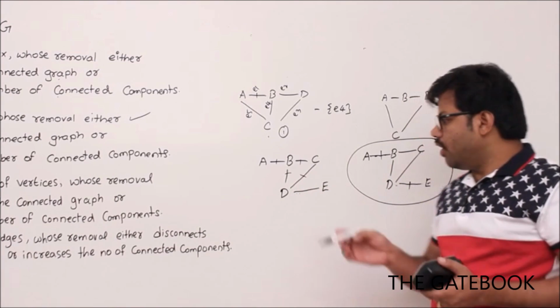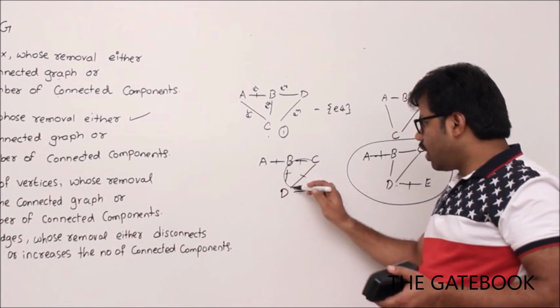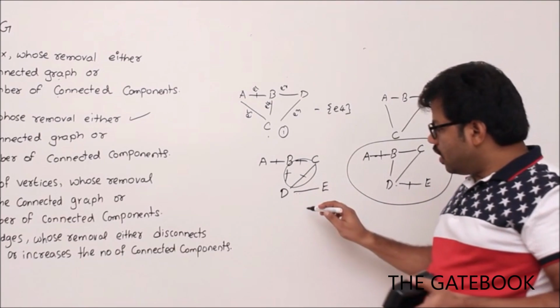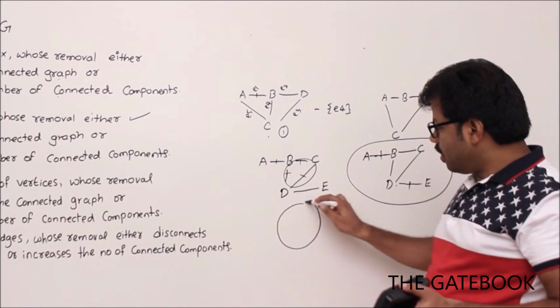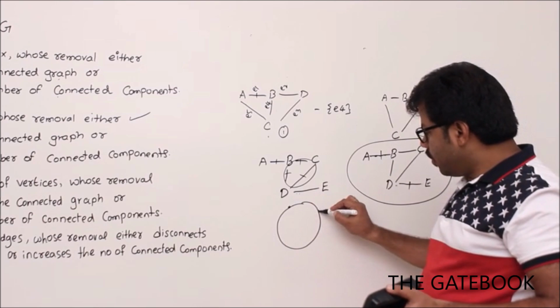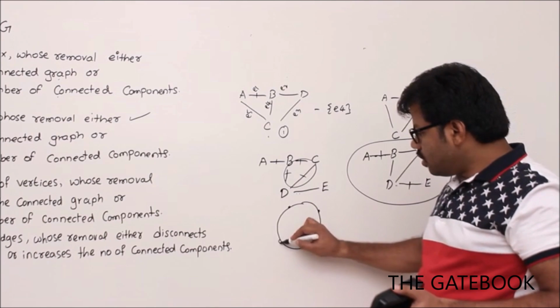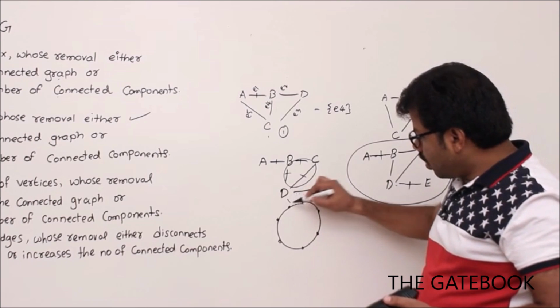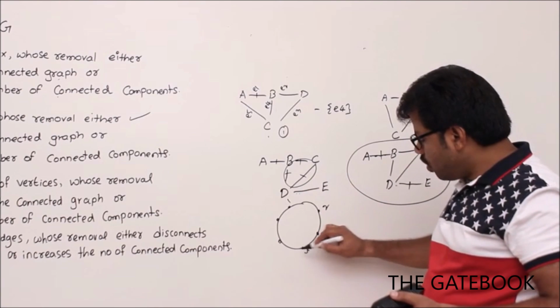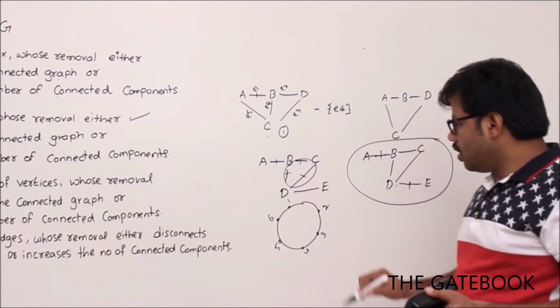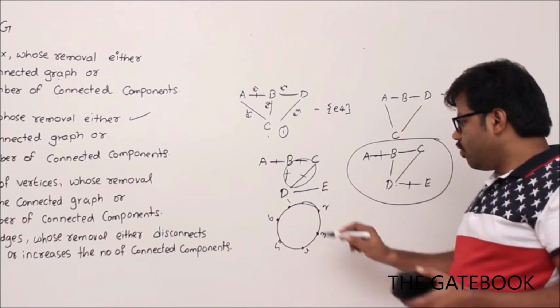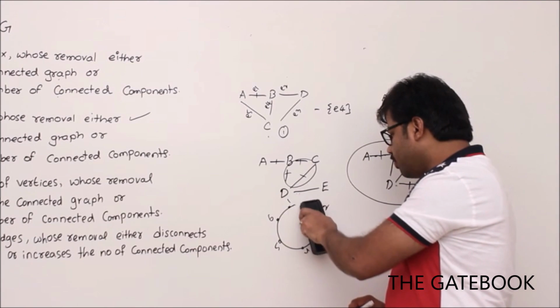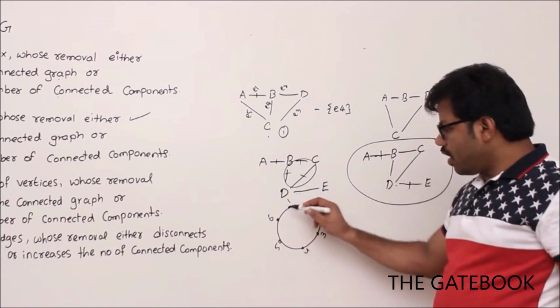I will tell you. Whenever an edge is on a cycle, let's imagine one cycle. Example, there are a lot of vertices which are on the cycle, say 1 2 3 4 5 6 and so on. If you remove any edge on the cycle, all those vertices will still have an alternative path.